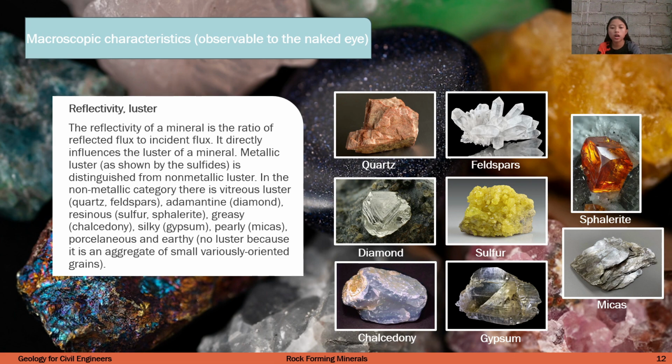Nakakaapekto ito sa pagiging shiny ng mineral. Like kung gaano ka shiny yung mineral. Minerals can be shiny like metal, metallic luster, or not like metal, non-metallic luster, such as glassy like quartz and resin-like like sulfur. So, ito yung mga examples. Quartz, feldspars, diamond, sulfur, chalcedony, gypsum, sphalerite, and micas.